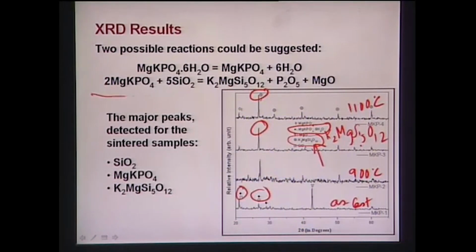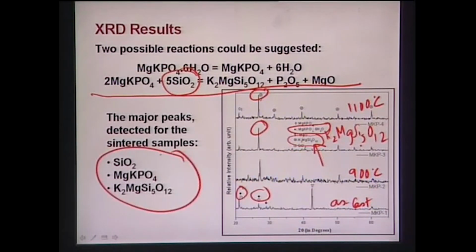Now, this is the reaction we have proposed, which tells you why the K2MgSi5O12 phase is formed, and that reaction also involves the SiO2 phase. The major peaks detected for these samples are SiO2, which comes from the precursor powder mix, MgKPO4, because the water has been released because of the heat treatment at high temperature, and then K2MgSi5O12, which comes from the reaction between SiO2 and MgKPO4.